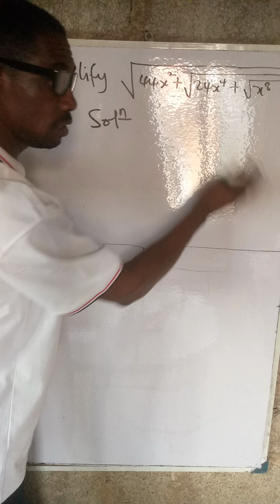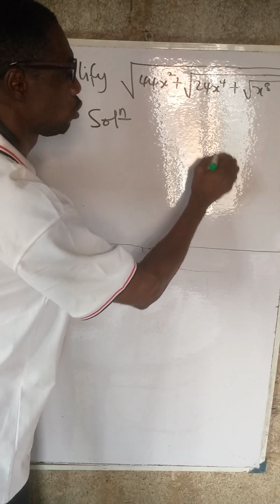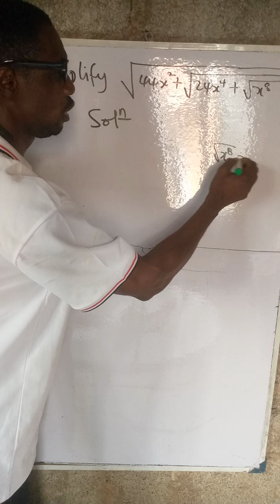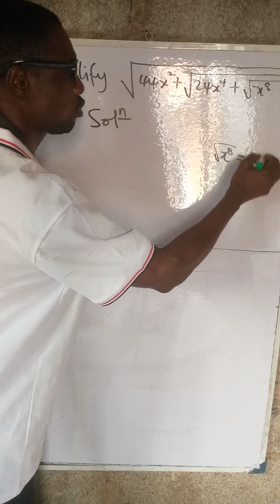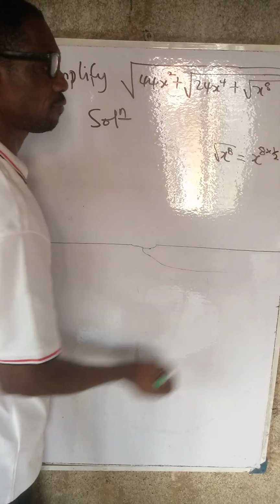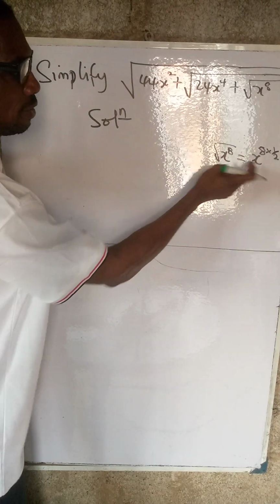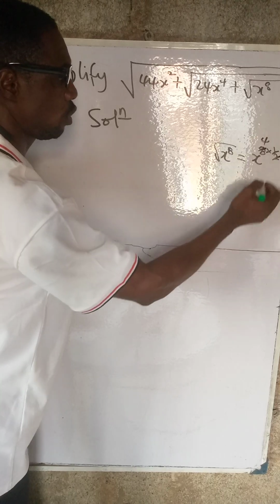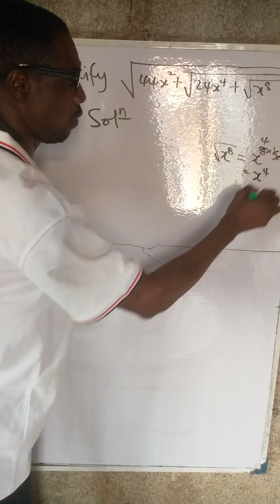Remember that in indices, if you have root x raised to the power 8, it means x raised to the power 8 raised to a half. This means 2 here, 1, 2 here, 4. So I have x raised to the power 4.